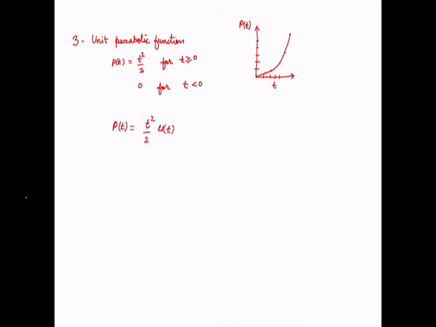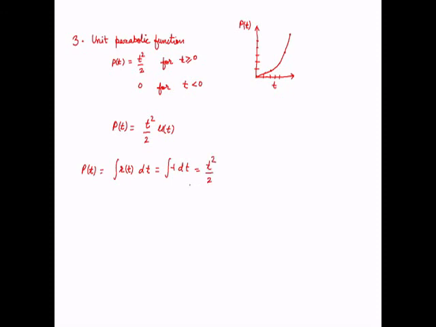In the same way, the unit parabolic function can be obtained by integrating the ramp signal, like p(t) is equal to the integration of r(t) dt, is equal to integration of t dt, and that is nothing but t square by 2.